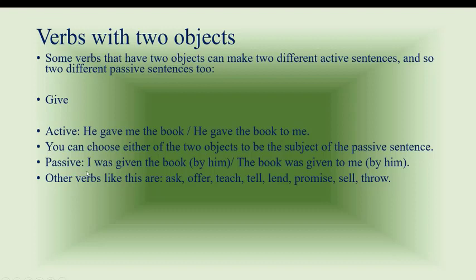So it can be made as: I was given the book by him, because the speaker wants to concentrate on the first object, me. While sometimes we need to concentrate on the other object: The book was given to me by him.